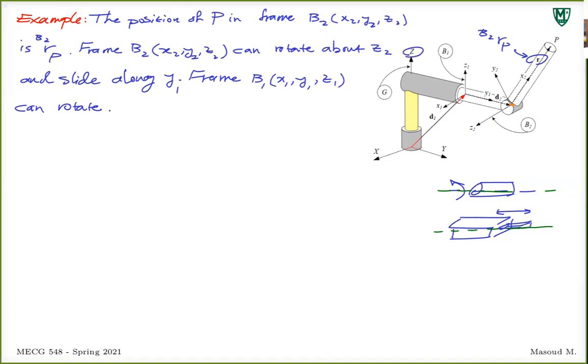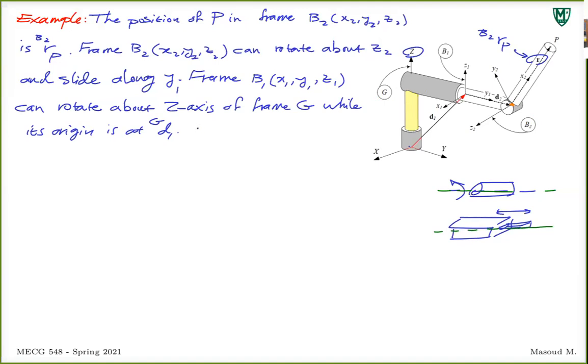This axis right there can rotate about Z-axis, which is basically the Z-axis of frame G. While its origin is right there, at D1G. That's where the origin of X1, Y1, Z1 is.